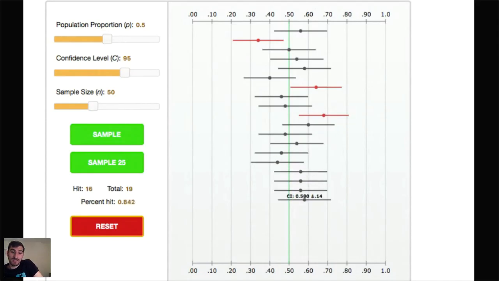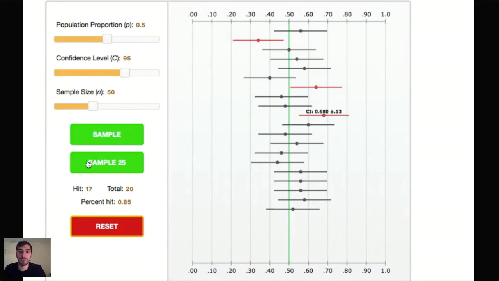We've done 20 samples so far, and in 3 of them, our p-hats have been far enough away from the real population proportion that even with a margin of error, we're missing the real answer. And what you should see going down the line here is the p-hats are a little bit different every time. Most of the time, they're close enough to that population proportion that when you build out the little wings, the margin of error, and get the endpoints of your interval, it contains the correct population proportion.